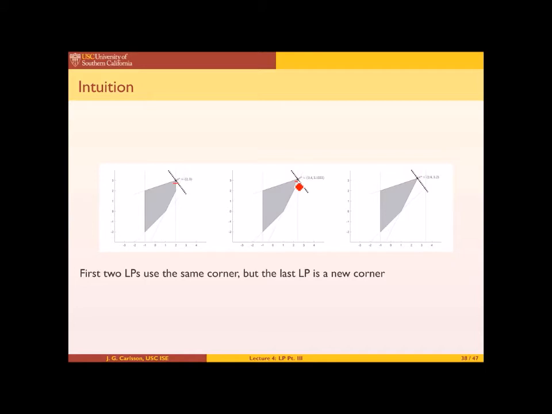What I mean is that it's still the same 2 constraints that define the optimal solution. One of those constraints has moved a little bit, but the corner is still defined by the same 2 constraints touching.